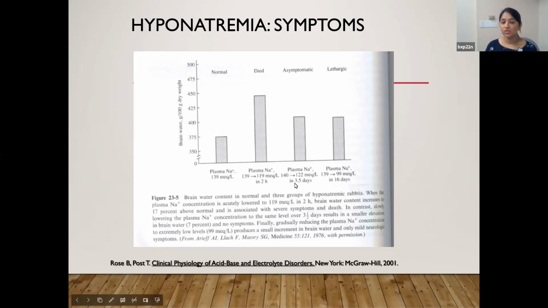And if that was over several days, right, from 140 to 122, taking 3.5 days, then you had slower brain swelling, meaning water adaptation. And when it was over 16 days, it was slower still. So it was pretty equivalent, 3.5 days to 16 days. But you see 139 to even 99 over 16 days, they didn't have much brain edema, because there was enough time for the brain to adapt.